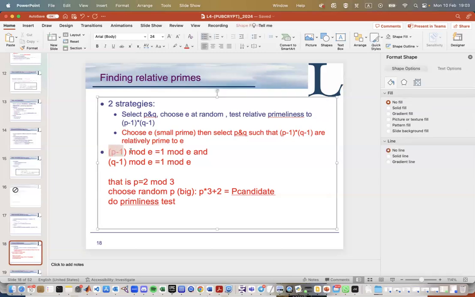Writing down some simple equations, it means that p minus 1 and q minus 1 modulo E, for example 3 or 17, is actually not zero. This is the condition for being relatively prime: this number is relatively prime to E, and this number is relatively prime to E.